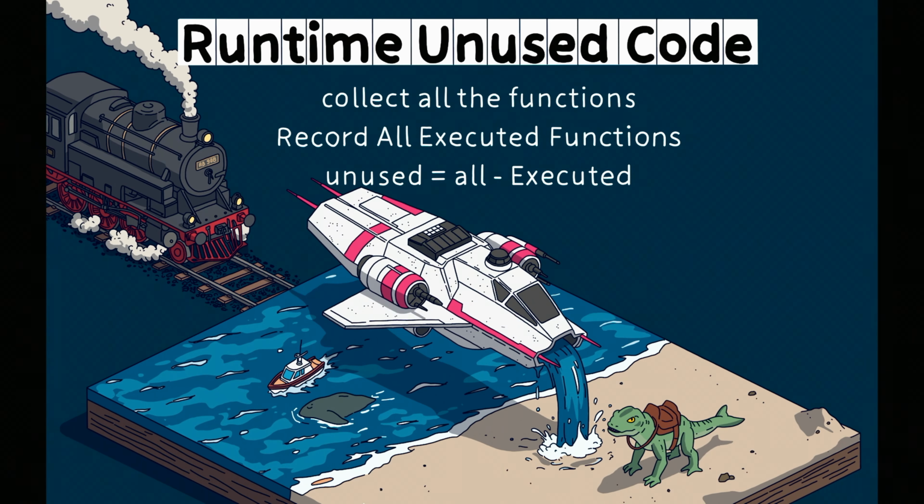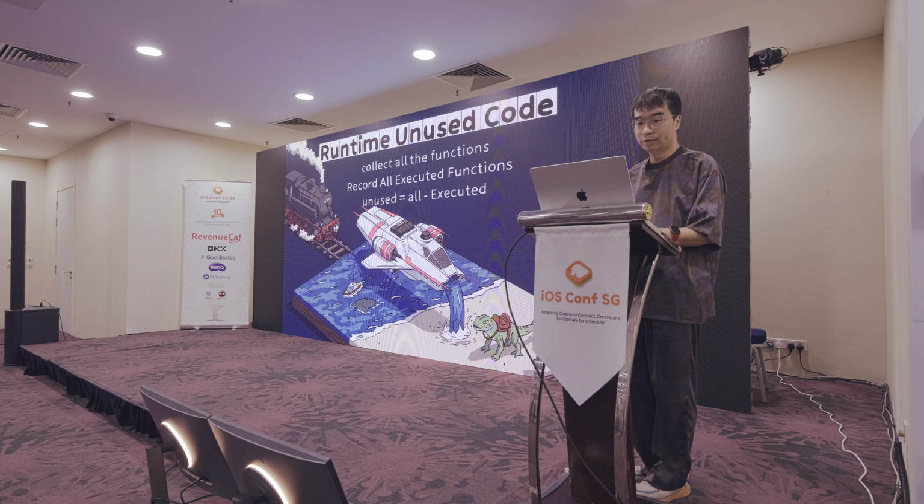Do you remember the tool I created to collect Swift function data? That tool can also collect data on all functions in your app. Every function your app calls during execution gets logged.